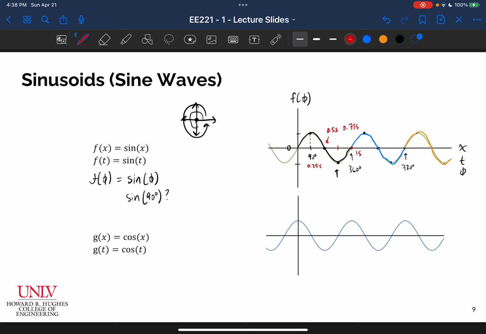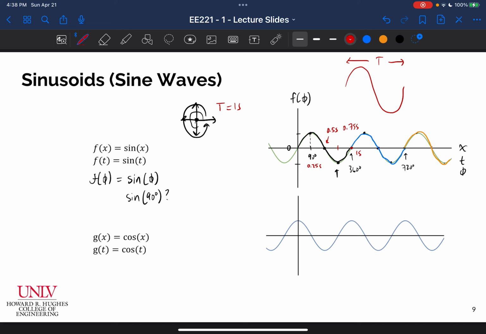That's exactly what we do in engineering. Typically, we're dealing with sinusoidal voltages or currents that are changing with respect to time. How long it takes to make one full cycle is known as the period, or capital T, of the signal. So in this case, my T was 1 second.